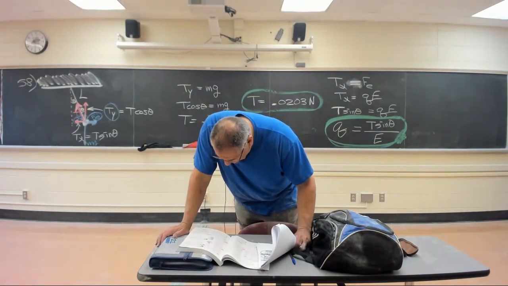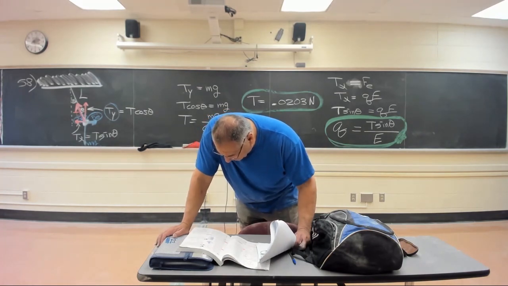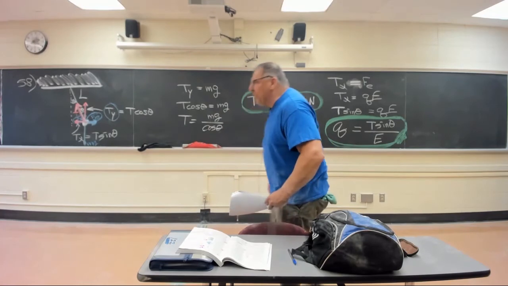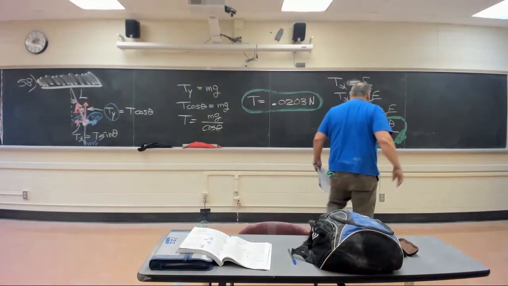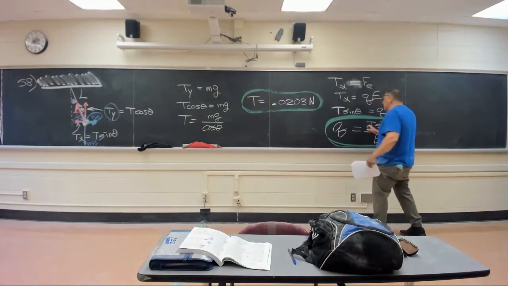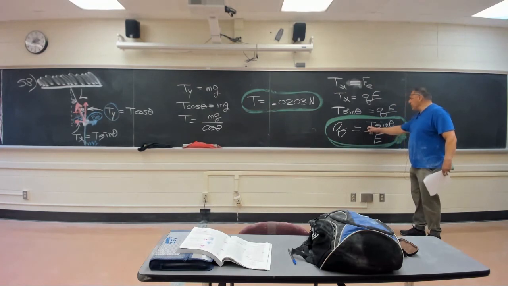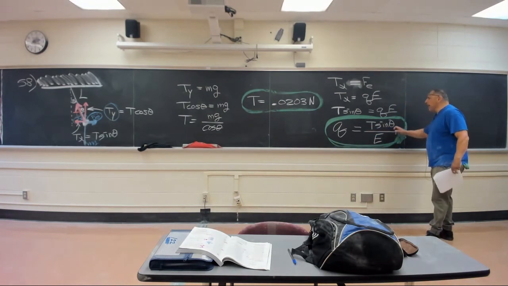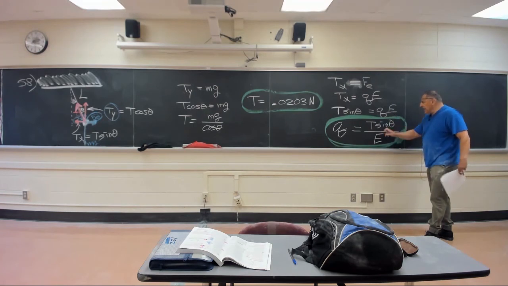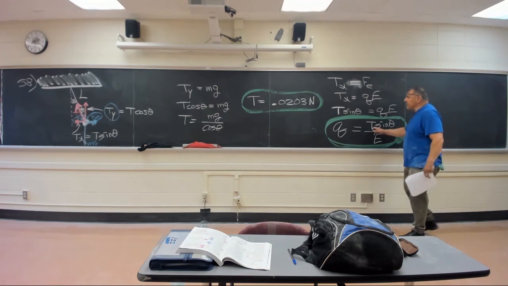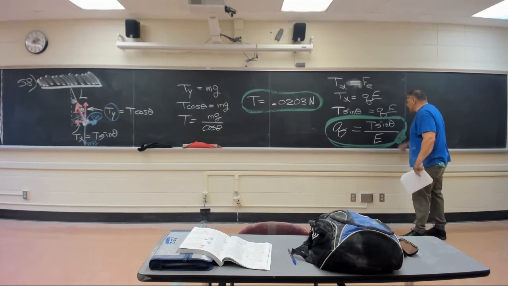Let me just make sure they had that. Yeah, right. They had 1.00 times 10 to the third newtons per coulomb, which is 1,000. So T is 0.0203. So 0.0203 times the sine of 15 degrees.